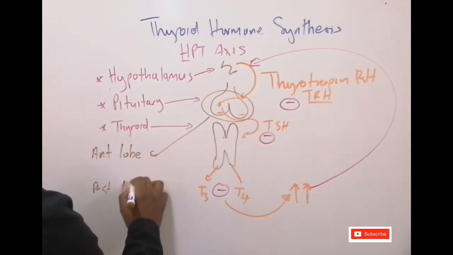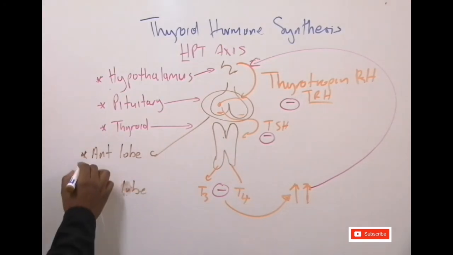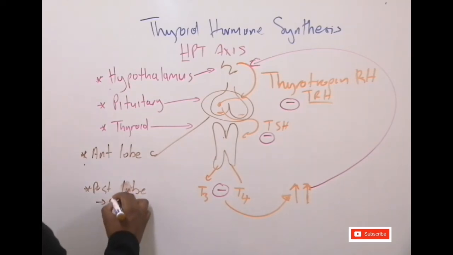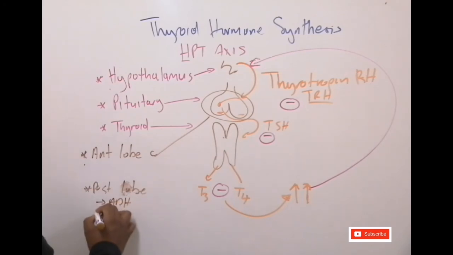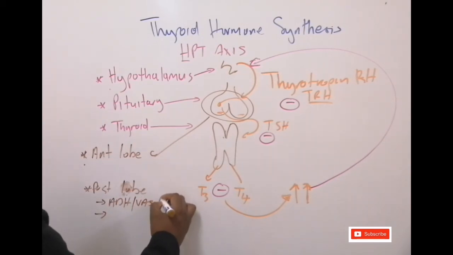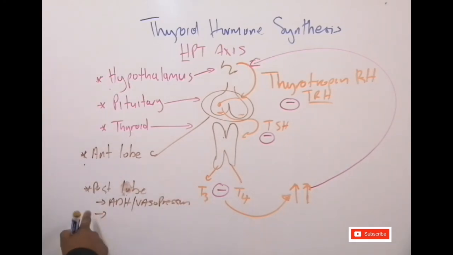While we are still here, I think it's important to mention that the posterior pituitary secretes two hormones: ADH, which we now know, another name for it is vasopressin, and oxytocin.